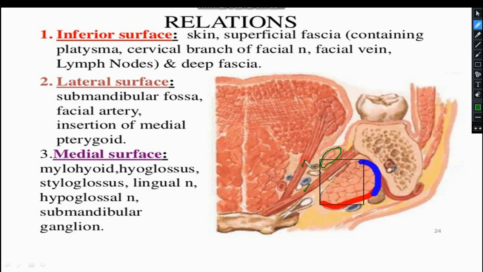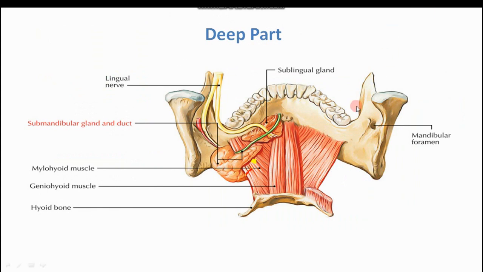Clear? Now superiorly is the lingual nerve, and the submandibular ganglion, shown here in yellow color, whereas below is the hypoglossal nerve.